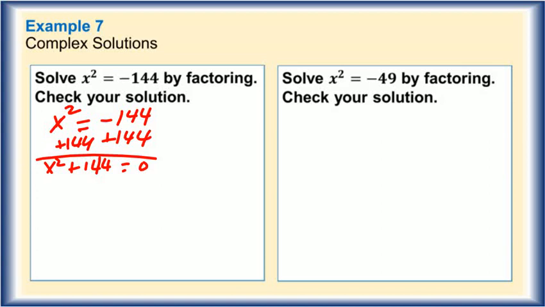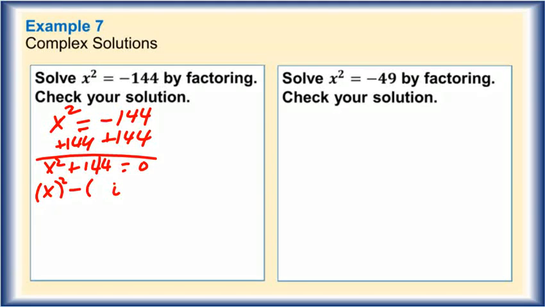Now if I'm factoring this, I can do a difference of two squares. So I have x squared minus a negative 144. The square root of a negative number would be an i.